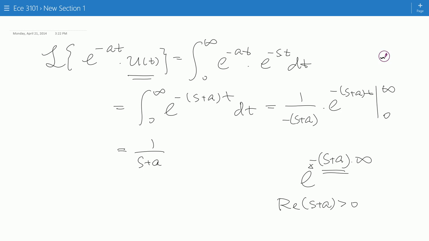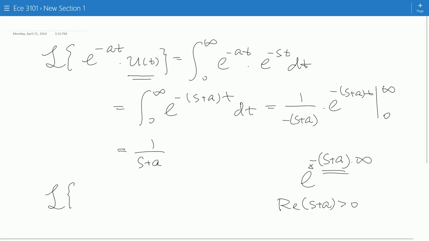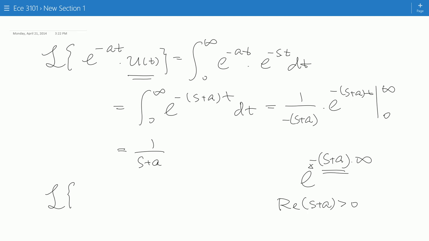And as we can usually see, if we only care about the unilateral transform, we don't even have to use the switch, the unit step function. We have something like this because the Laplace transform already implies that we start the calculation from time 0.